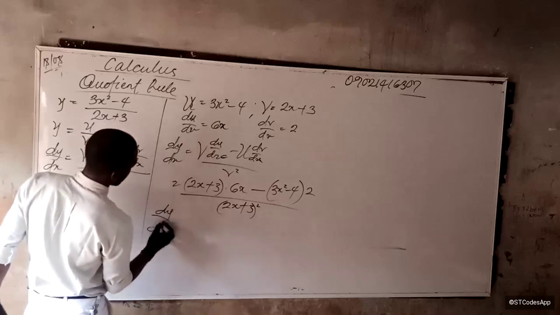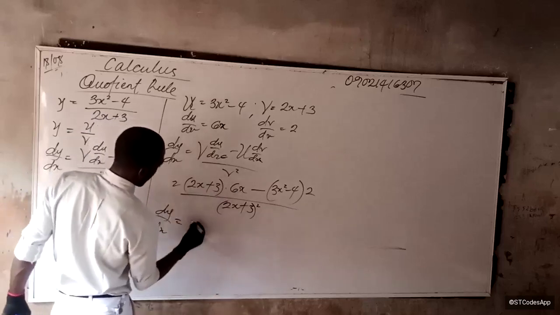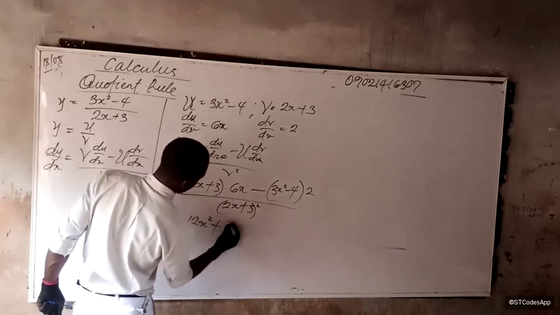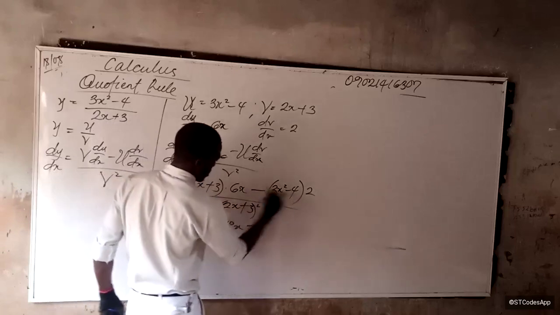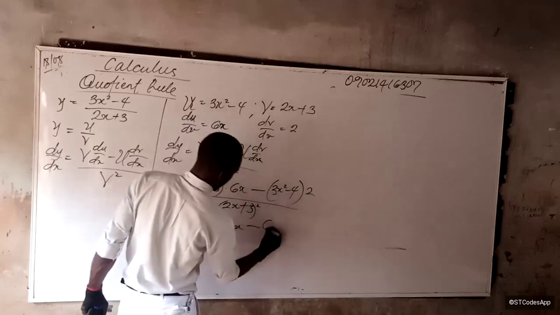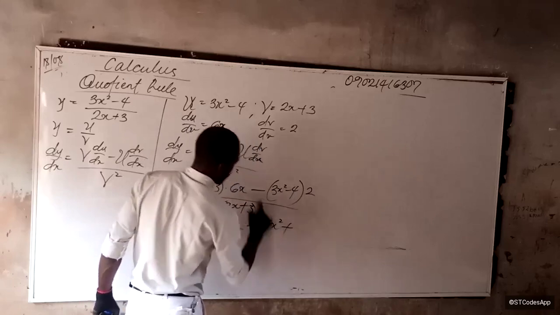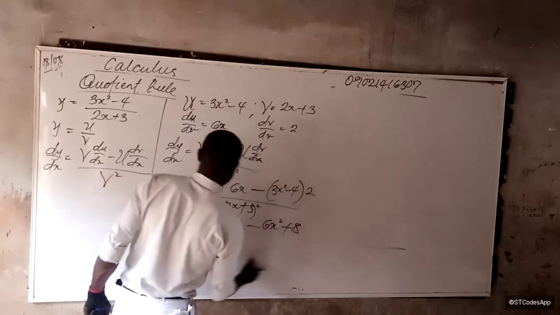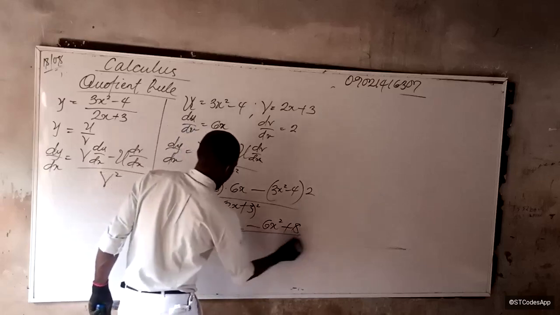Then dy/dx is equal to, multiply this, so we have 12x squared plus 18x minus, let me open this bracket, but let me open this first. So this times is going to be minus 6x squared plus, because minus times minus is plus, 8. So all over.